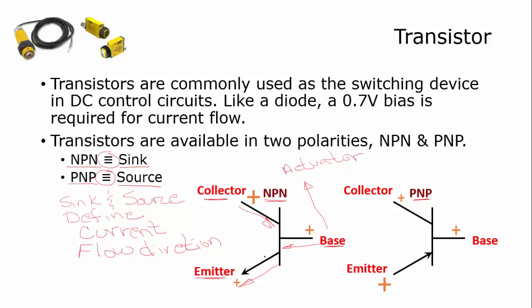On the PNP, notice the arrow on the emitter. Current's flowing into the emitter, it's flowing out of the base, and it's flowing out of the collector. So it's a matter of current flow, and there's two different polarities, NPN, PNP, and again, NPN, another word for it is sink, and PNP, another word for it is source.